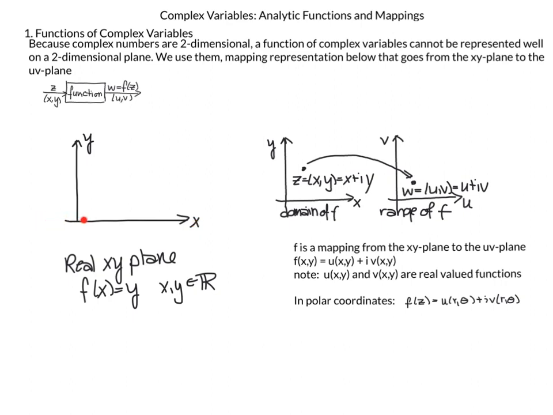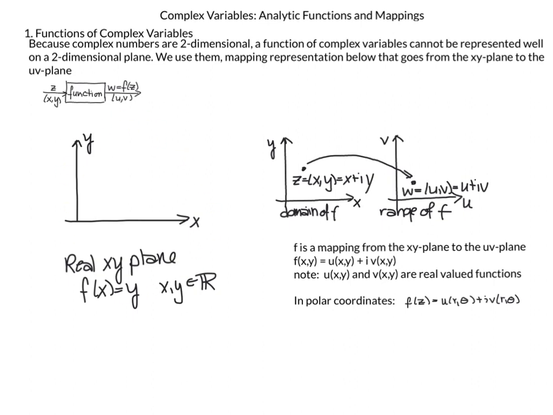In other words, all the real numbers can be represented along the x-axis, and then we can map those x's into y's. So we can say f of x equals y, so we can put the y value after we've plugged in x, and then we can have this graph of x versus y. So we can graph the function on the xy plane.